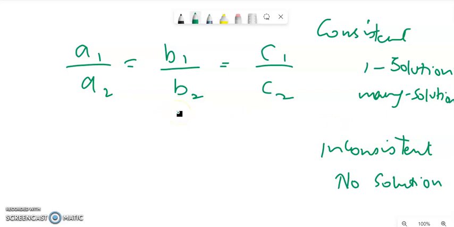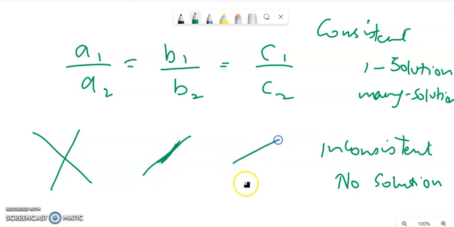We have three conditions depending upon the comparison of our ratios: intersecting, coincident, and parallel. In case of intersecting, we get one solution.